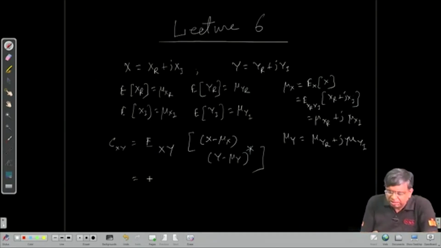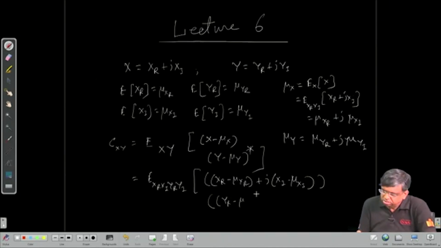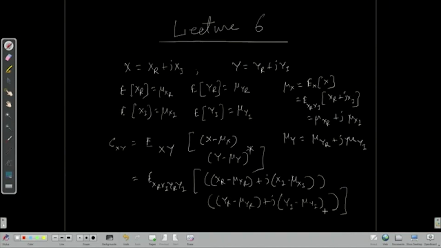On the other hand, maybe you will understand it better if I expand it. So, x you replace by x r plus j x I like that. So, it is x r minus mu x r plus j x I, this is x minus mu x, and y r, and if you multiply them, there is a star here.